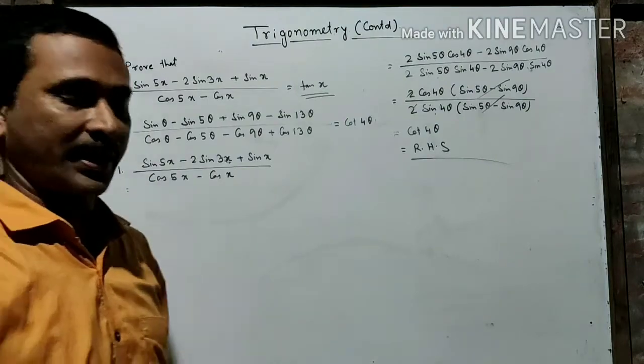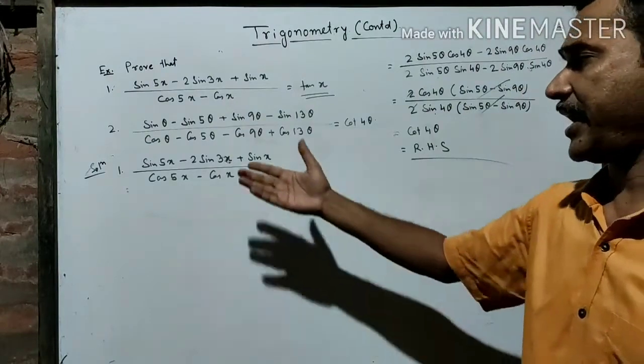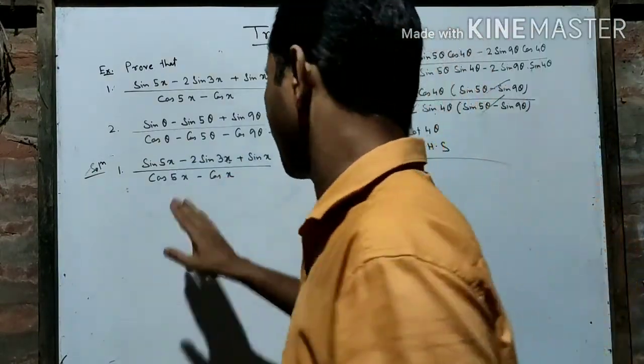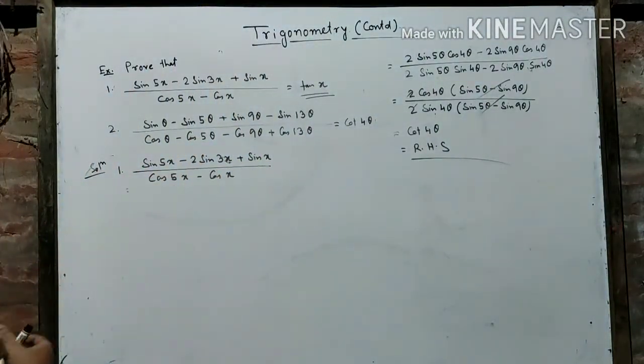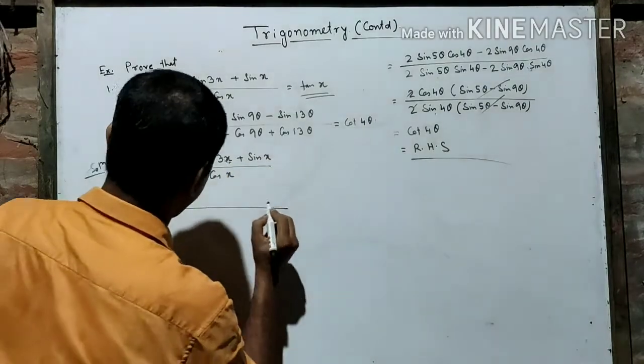Generally, numerator and denominator contain the same number of angles, but here there are 3 angles in the numerator and 2 angles in the denominator. No problem. We will keep it aside. 5x, x; 5x, x. We will take these two and keep the other aside.